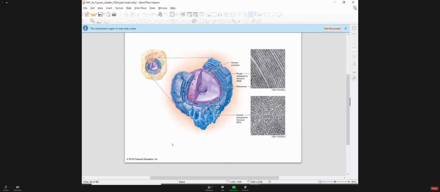That's why it's surrounding the nucleus. The messenger RNAs don't need to go too far. Ribosomes are embedded in the nuclear envelope and also in the walls of the endoplasmic reticulum, and we can see kind of bumps. That's why it's called rough endoplasmic reticulum.